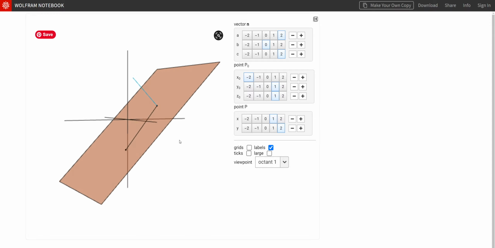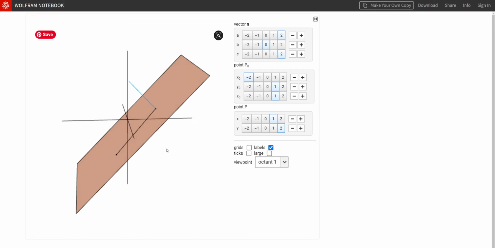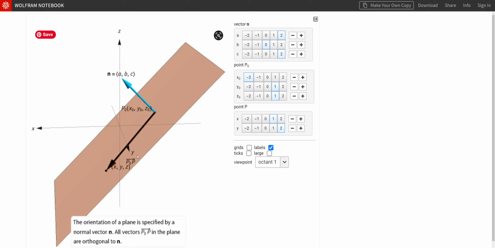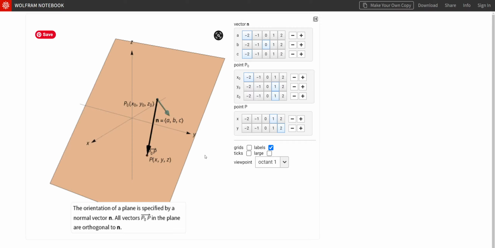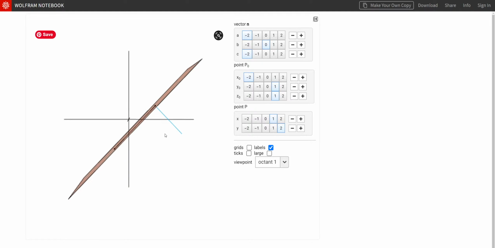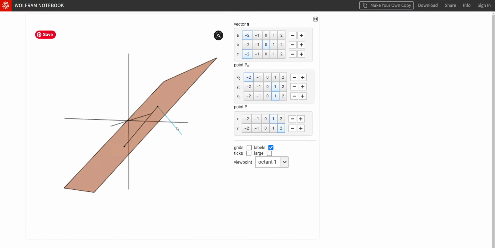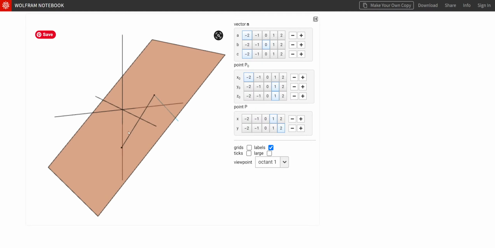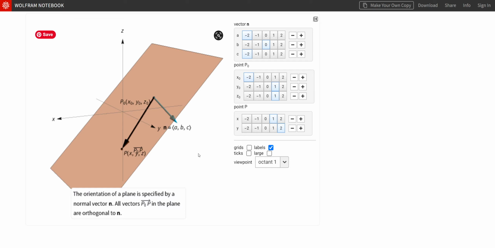According to our definition, it shouldn't affect the plane because all the vectors that were once orthogonal to n are still orthogonal to n, because the two n's are parallel to each other. I can even send this in the negative direction. I can have the normal vector pointing the other way, and it still generates the exact same plane because it doesn't affect our definition of the plane. All these vectors are still orthogonal to n. So that's something to keep in mind.